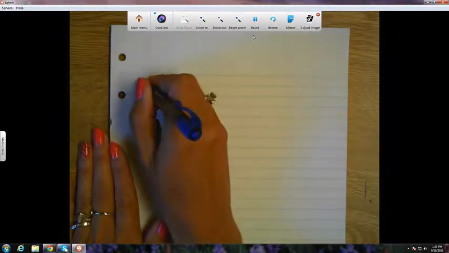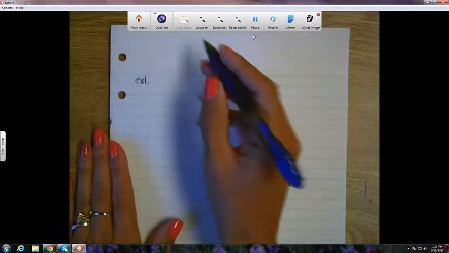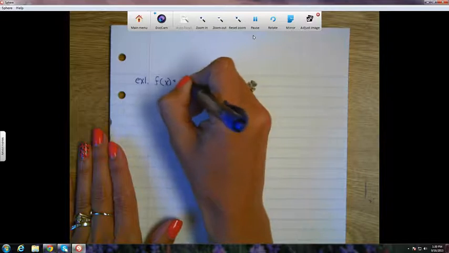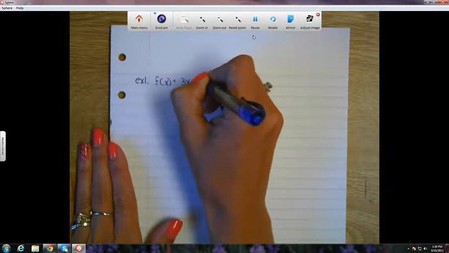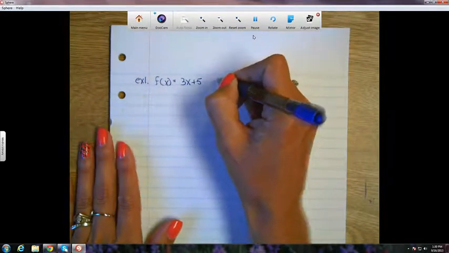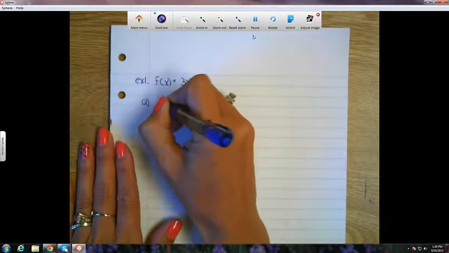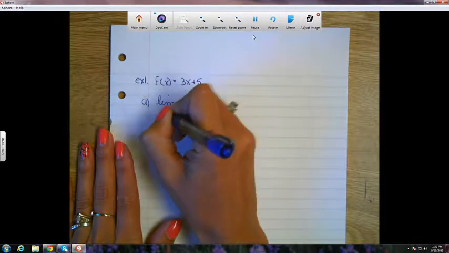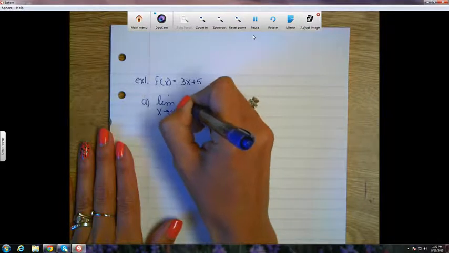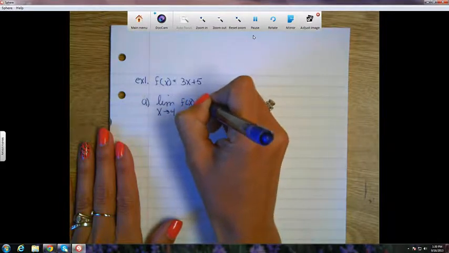So the first one, we've got f of x equals 3x plus 5. And we are going to find the limit as x approaches 4 of f of x. Remember, limit's a y value.